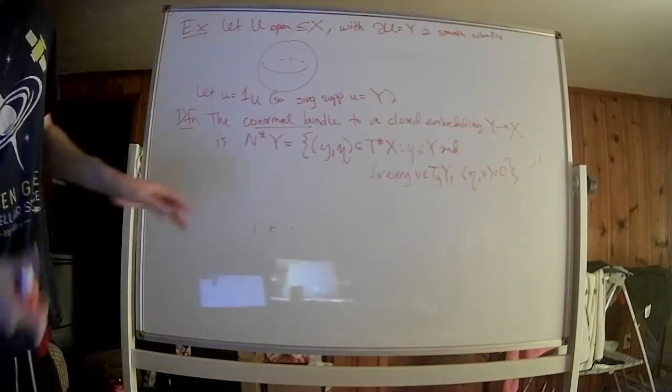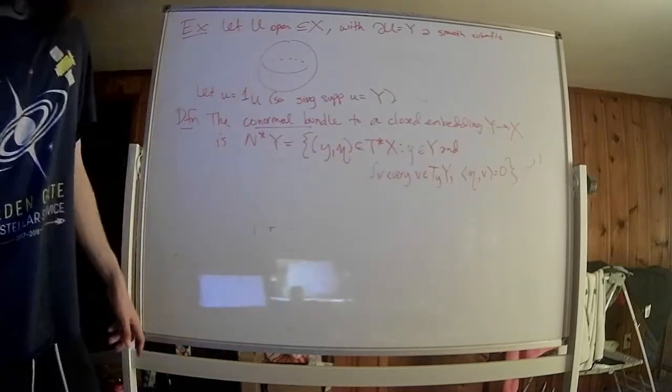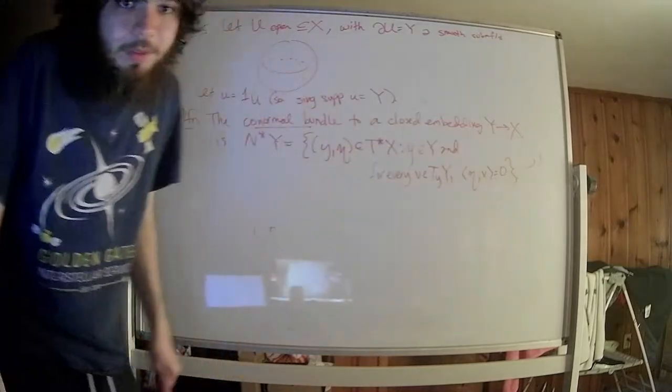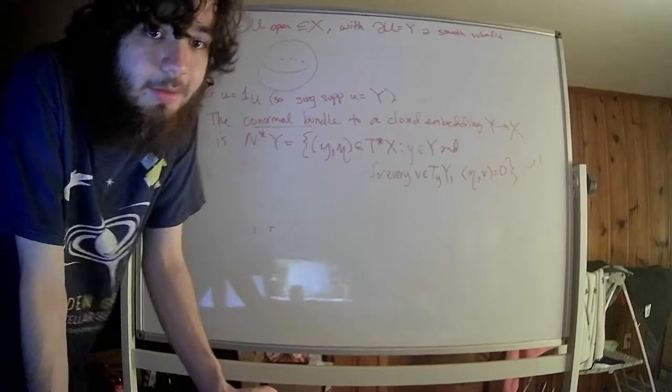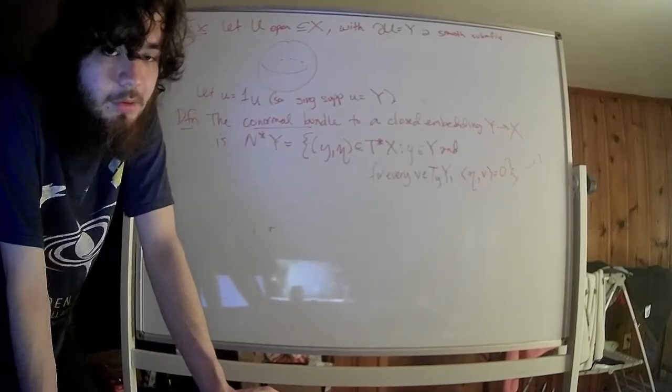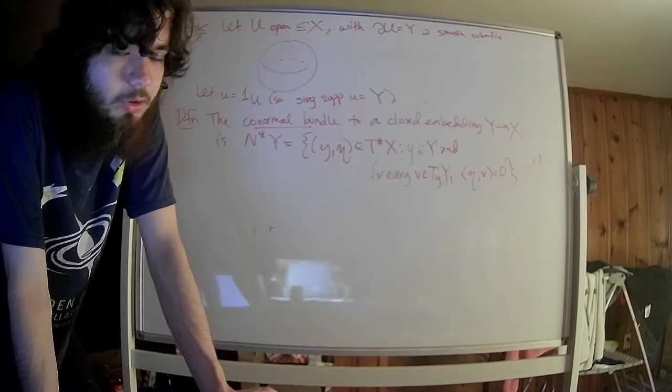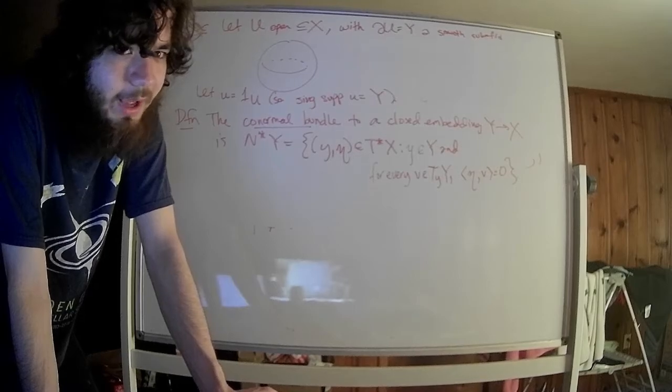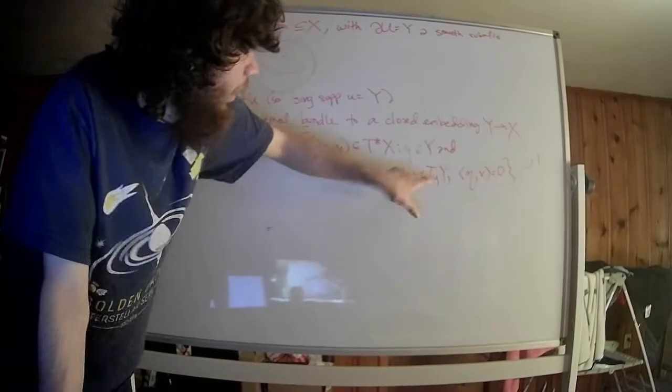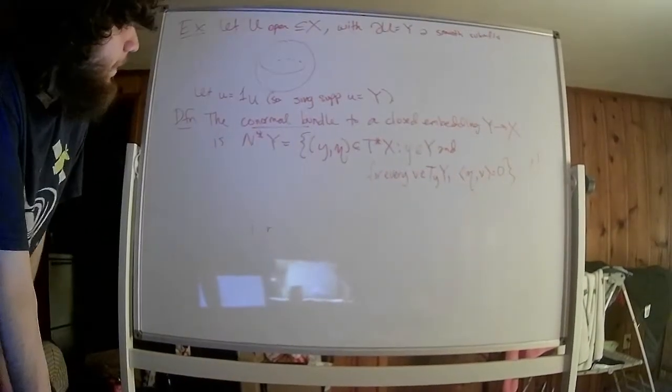The tangent bundle of Y is perfectly well defined, and the fact that this is a closed embedding means that the tangent bundle of Y is a subbundle of the tangent bundle of X. So this tangent bundle of Y sits in the tangent bundle of X.